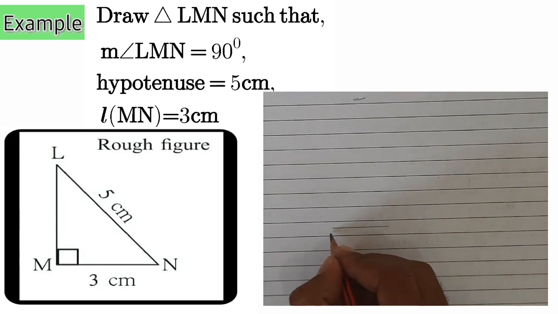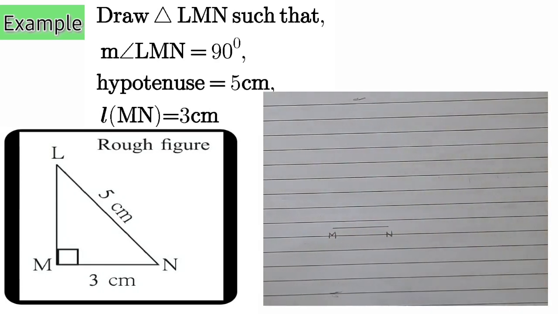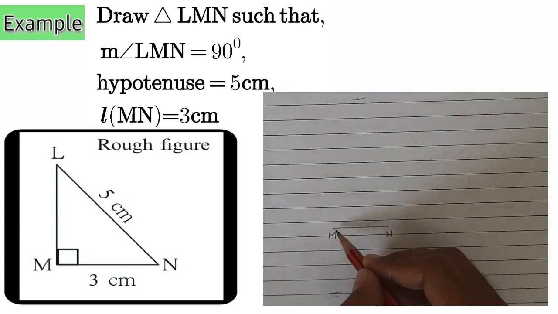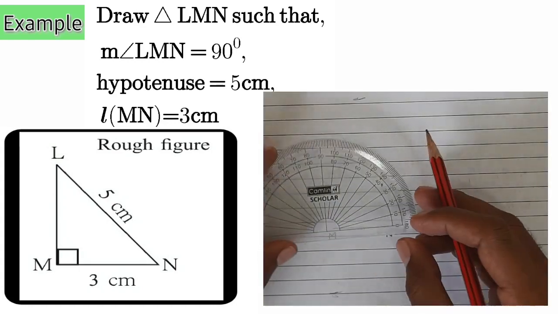This is segment MN. Now at point M, we have to draw a ray to make the angle of 90 degree to segment MN.